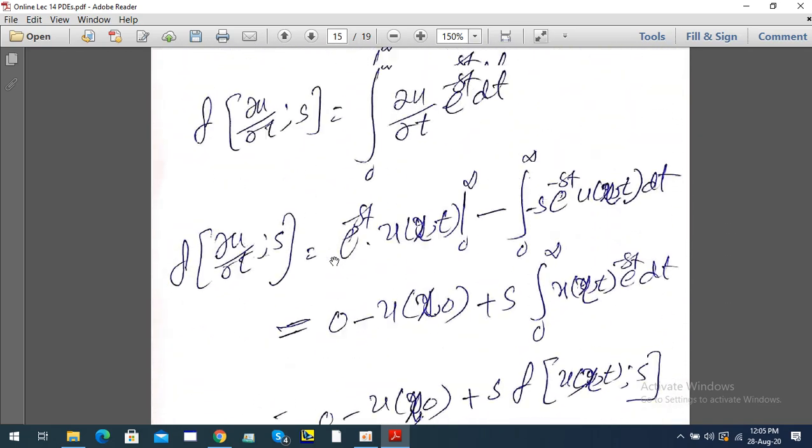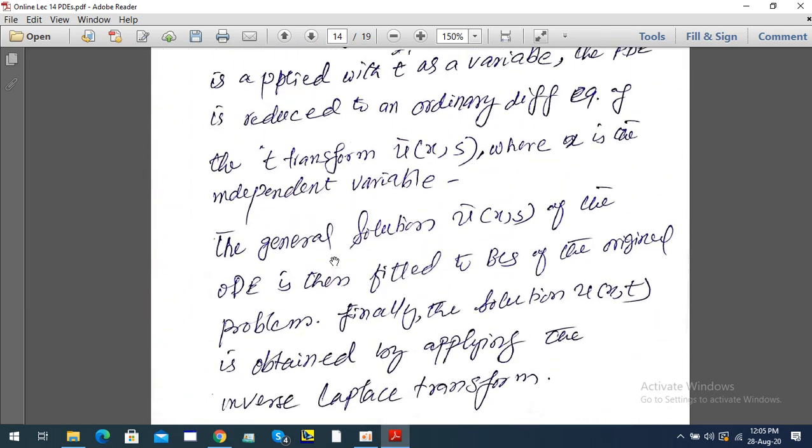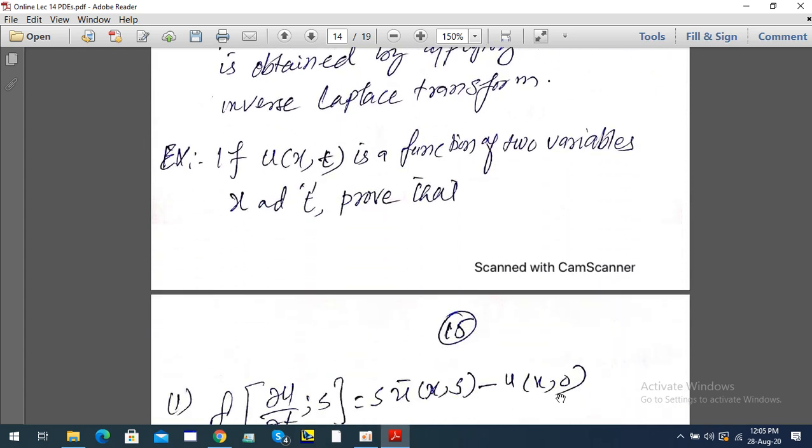Now we come to the point, that is how to find the Laplace of partial differential equations. We have this example, and I hope this will clear the above method, that is how to find the Laplace of partial u.